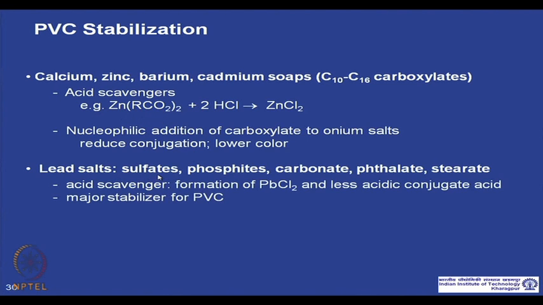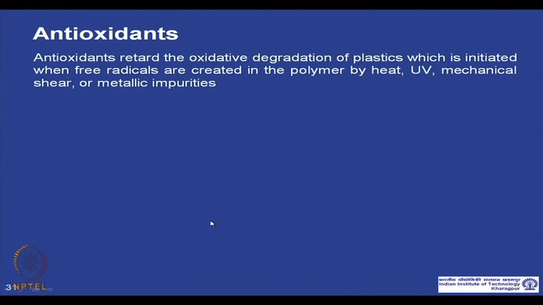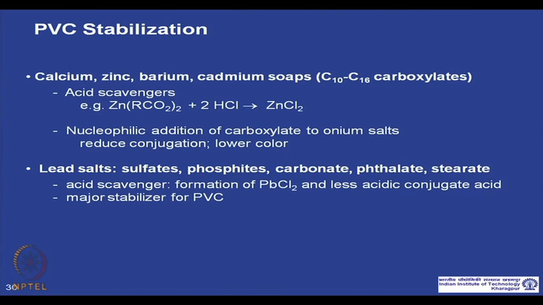Lead salts also act as acid scavenger, and they are one of the major additives used in the PVC industry. So, this is one example we just discussed about PVC, and PVC is very prone to degradation under processing. So, this is a very good example to discuss polymer degradation and stabilization.